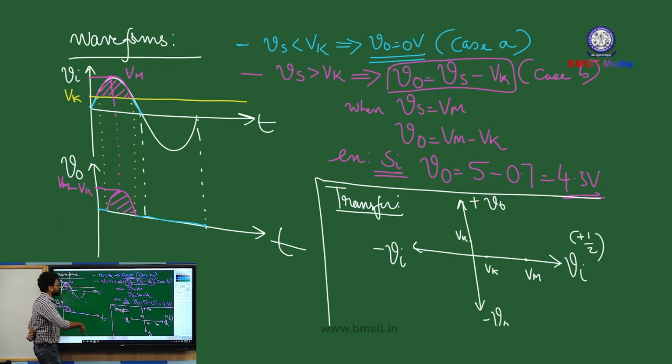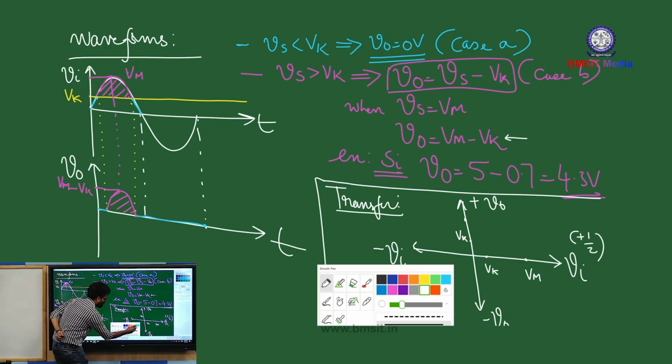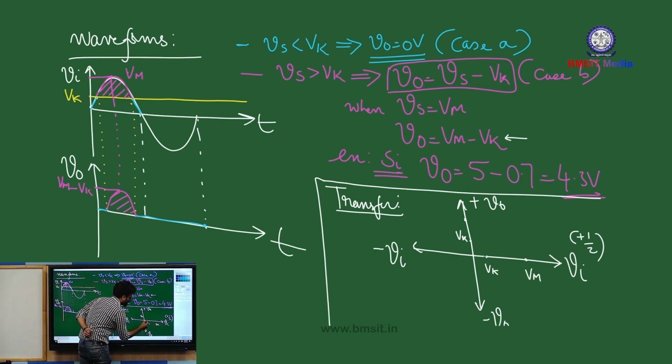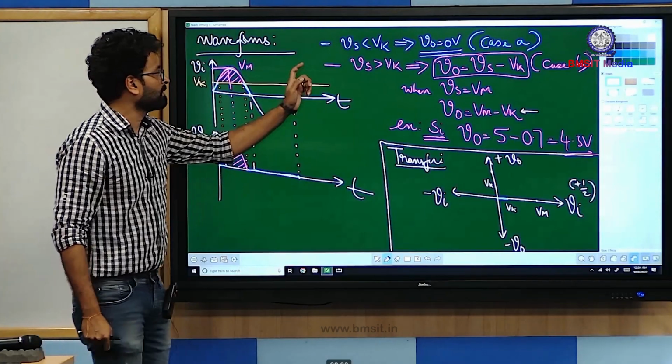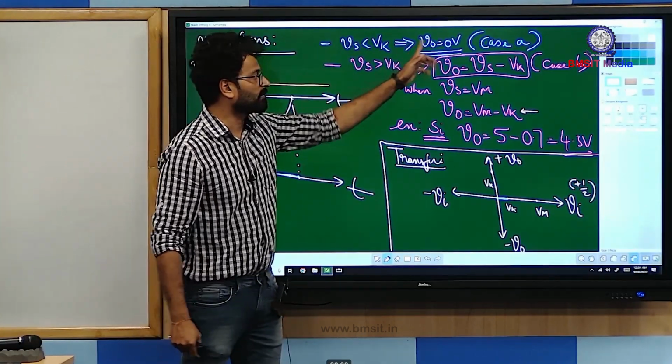And you can also mark this particular limit, that is Vm minus Vk, somewhere over here. Now, as long as your input is less than Vk, output is 0 volt.